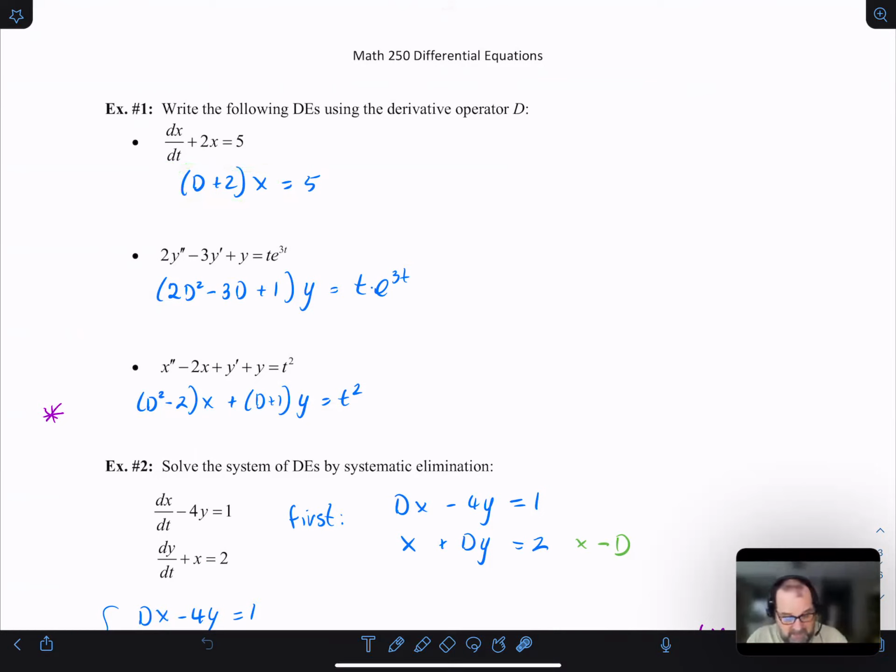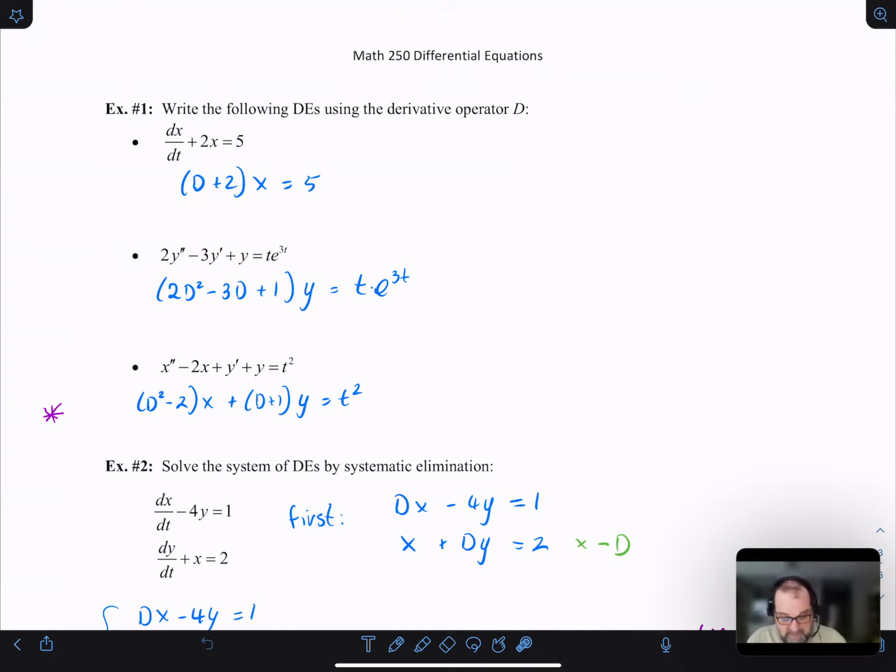Similarly with y, we can rewrite this using our differential operator. This is fairly easy. I'm really just working on the left-hand side here and rewriting this as 2D squared minus 3D plus 1. Instead of being 3 terms for y, this is now a single y term. And this is why this is valuable to us.